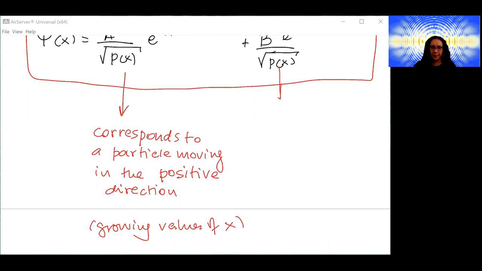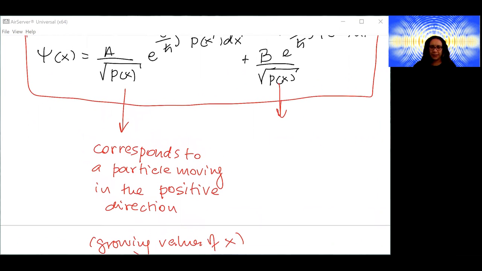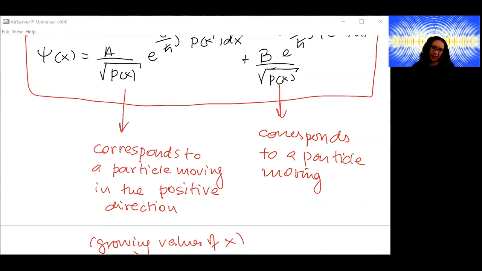And here we have a particle moving in the negative direction.